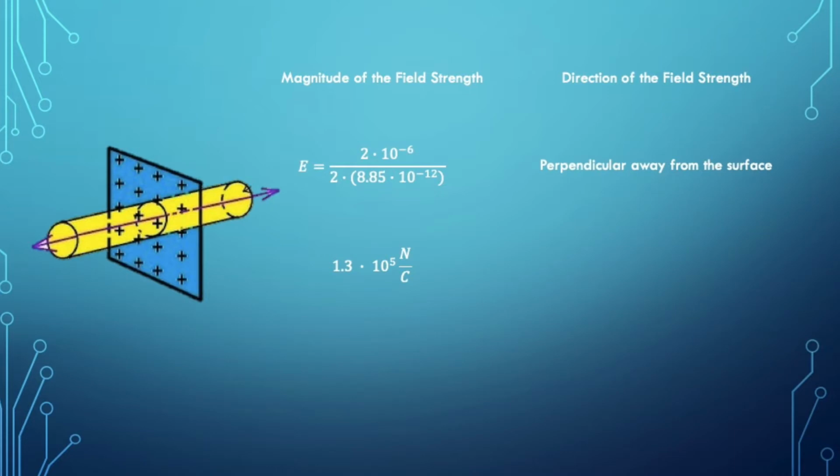This equation then simplifies to the electric field strength equals the surface density over 2 times epsilon 0. And this equation gives the magnitude of the electric field strength.